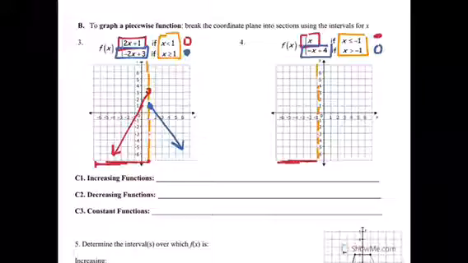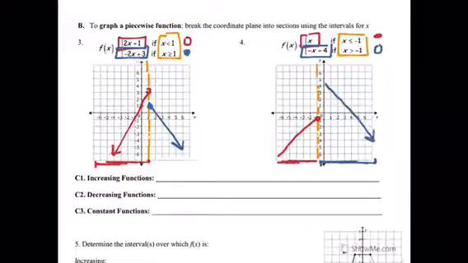So let's start with the one on the left. This is going to be y equals x. That's this graph. Then let's look at the one on the right of the boundary line. That's over here. That's going to be y equals minus x plus 4. And go all the way up against the boundary line and then open circle.